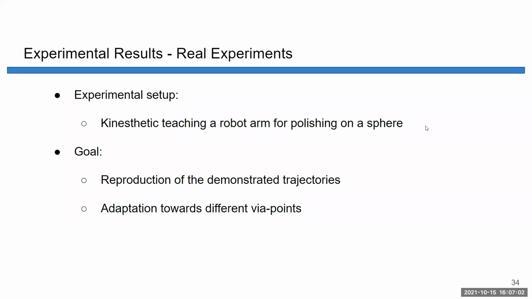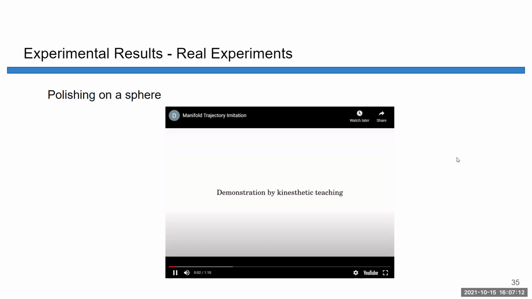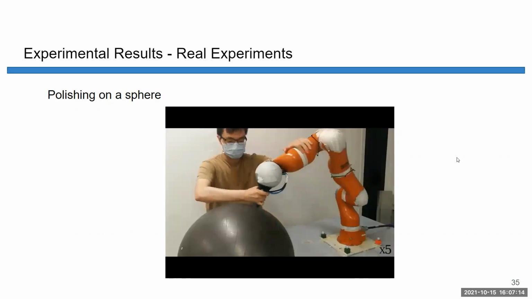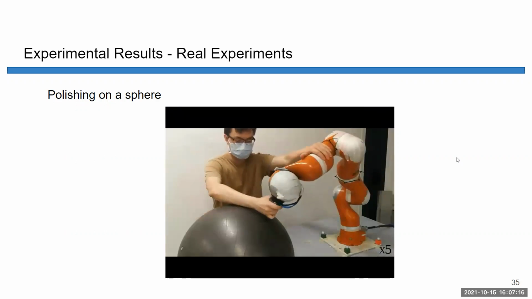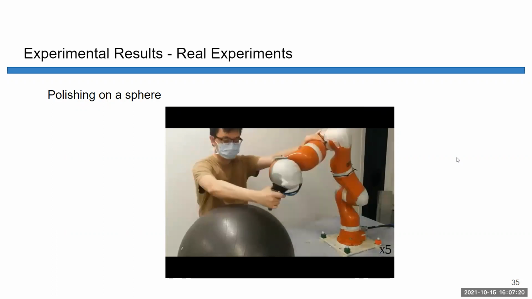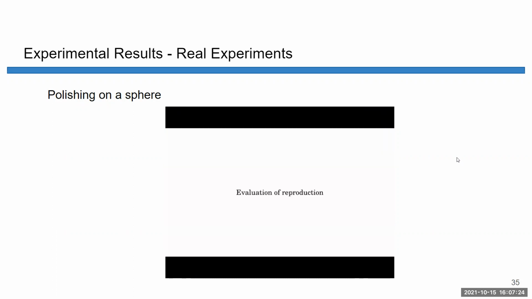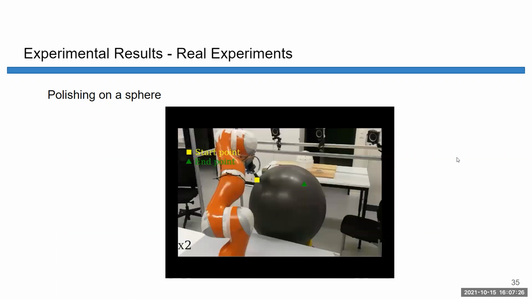Next one is to kinesthetically teach a robot arm for polishing on a sphere. First is kinesthetic teaching, and then reproducing the learned skill.